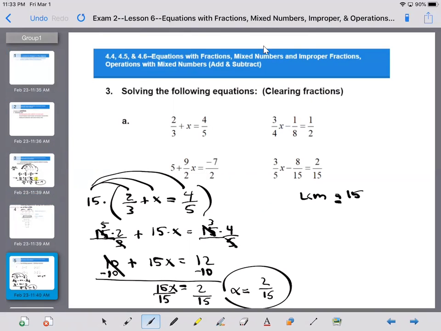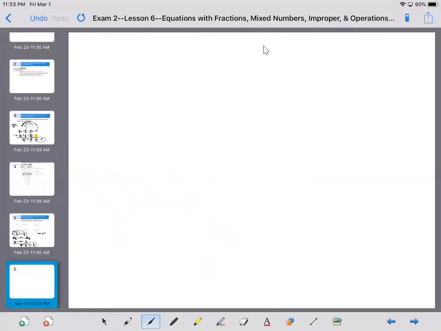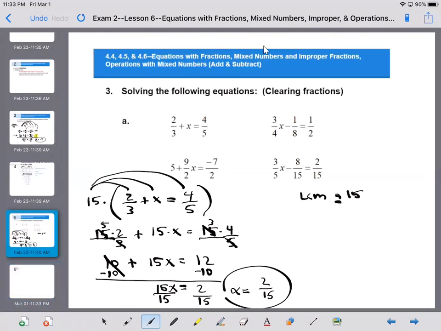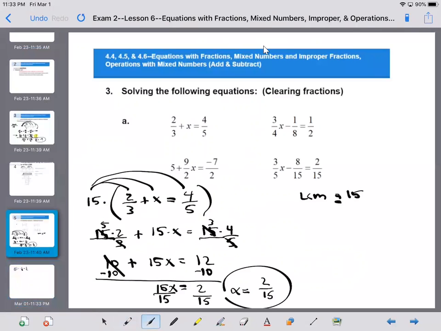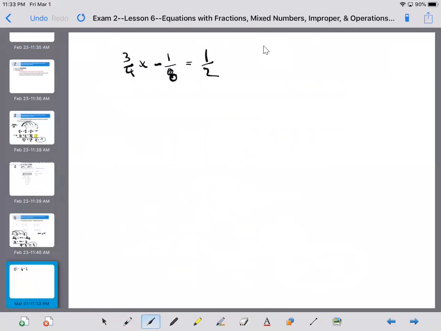Let's look at the next one, which would be 3/4 x minus 1/8 equals a half. So 3/4 x minus 1/8 equals 1/2. And then I'm going to get the other one written over here as well.